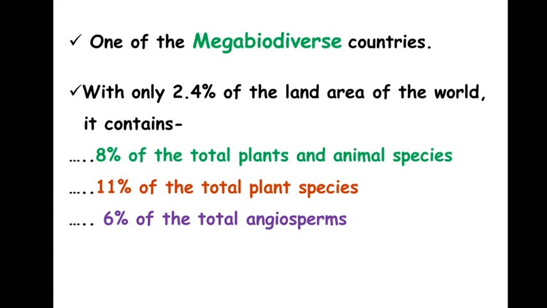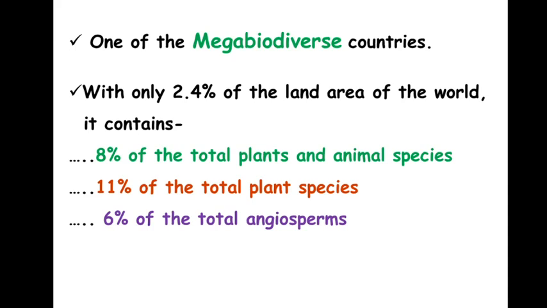Now, India has a land area of only 2.5% of the total land area of the world. But with that 2.4% of the land area, it contains 8% of the total plant and animal species, which is equivalent to 48,000 plus plant species and 90,000 animal species recorded so far.